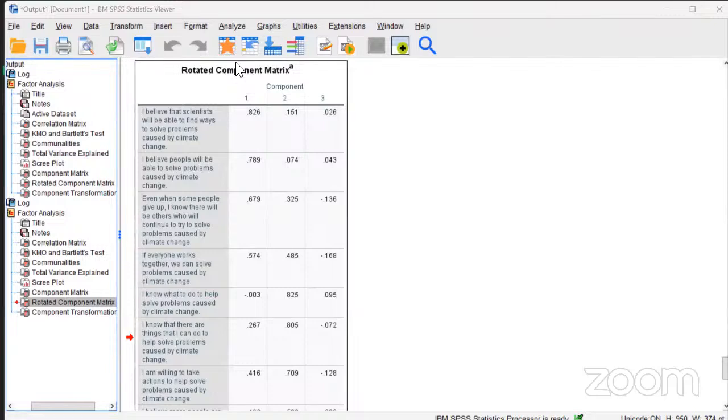And what is the third item that is related with this? 0.67. Yes, sir. What is that item? So even when some people give up, I know there will be others who will continue to try to solve problems caused by climate change. Okay. Now, can you tell me why it is 0.67?